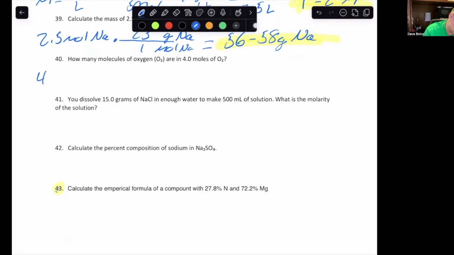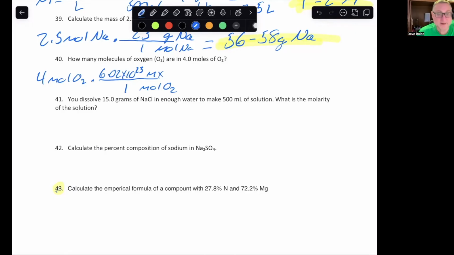Given measured quantity is 4 moles of O2. And I want molecules, so I can go directly from moles to molecules. And 1 mole of O2 or anything else is 6.02 times 10 to the 23rd molecules. And 4 times 6.02 times 10 to the 23rd. I will add that to a list of things to show you.